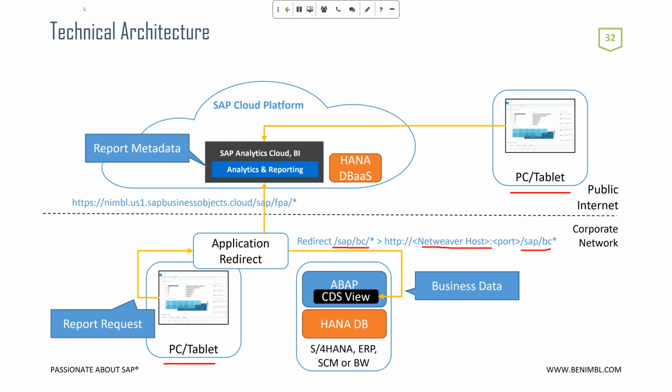Now, in certain scenarios, that will be unacceptable for an organization, and that is where we see people buying the SAP HANA Database as a Service in Cloud Platform, where we replicate data to SAP HANA on Cloud Platform in scenarios where we want to have external access to data without a VPN required.